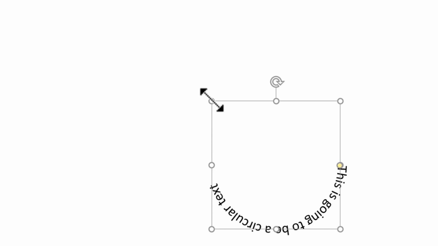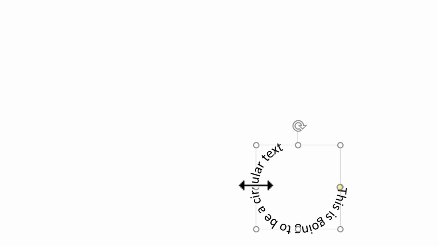Now I hold the shift button down and click and drag from the corner even more, and more of the text is occupying the circle. And let me do that even more, and now you can see that there is a proper circular text orientation. I'm going to click and drag it slightly outside so that there is a bit more space available. So that is how you ensure that the circular text works pretty nicely.